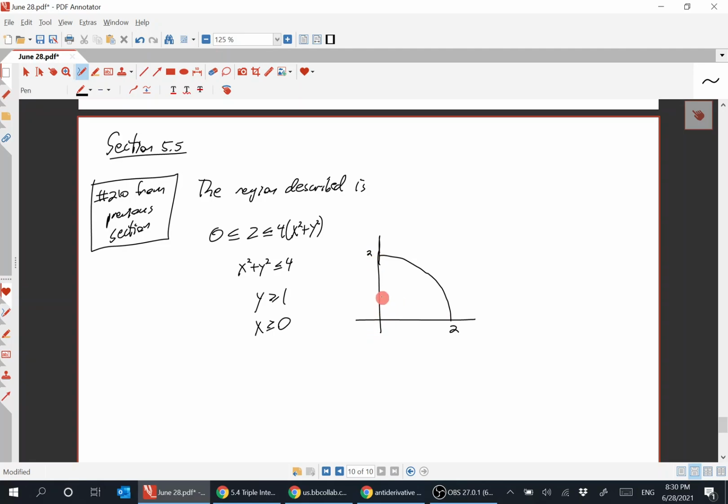And then here is the line y equals 1, and here is the line x equals 0. That's just the y-axis. So we're talking about this region right here.